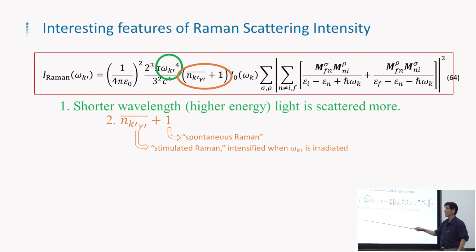This is so-called stimulated Raman scattering that is intensified when omega k prime is irradiated. So we can enhance the Raman signal by separately preparing the same wavelength as the Raman signal.